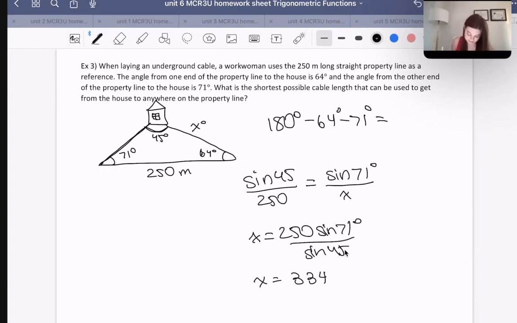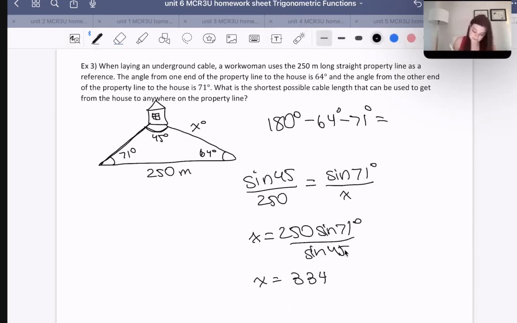Now, I know my drawing isn't to scale. It doesn't look like it would be like that. But if my drawing was more to scale, 71 degrees and 64 degrees are certainly much bigger than a small 45-degree angle. And so, if I do this more to scale, it would look more like that, even though the way I drew it, the 250 meters does look like the longest side when actually it shouldn't be.